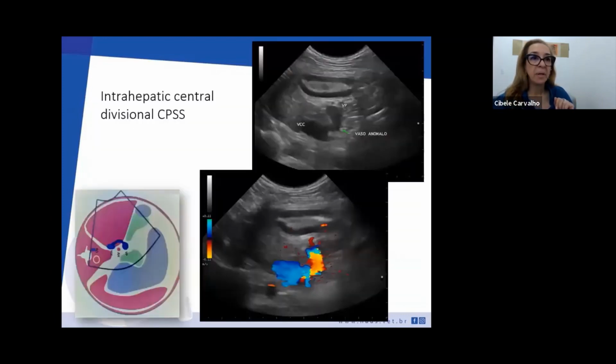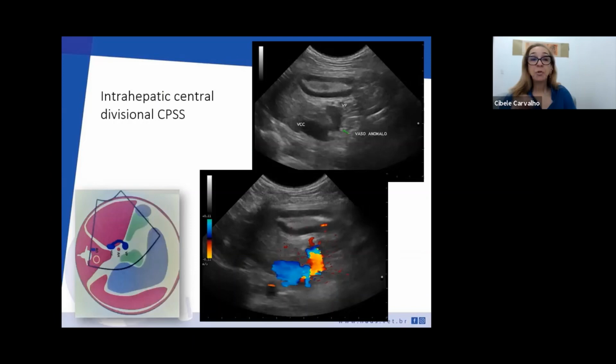Another type of intrahepatic shunt is the central one, the central divisional shunt. We can also see on B mode that something is very wrong here, because the portal vein is connected to the caudal vena cava through this anomalous vessel.